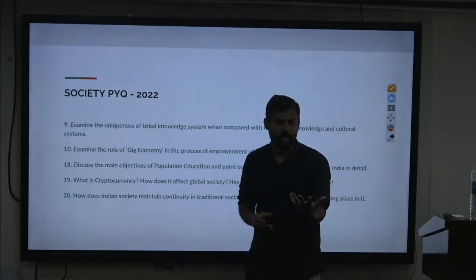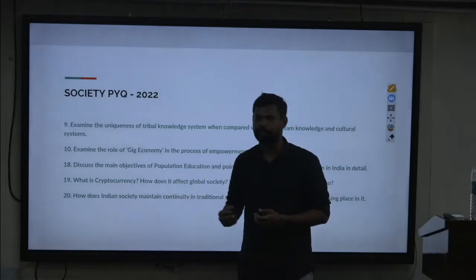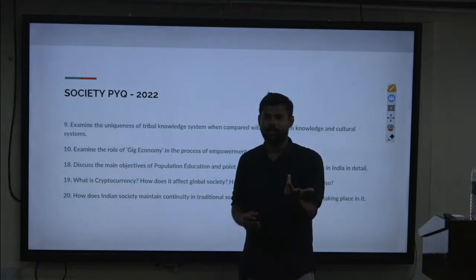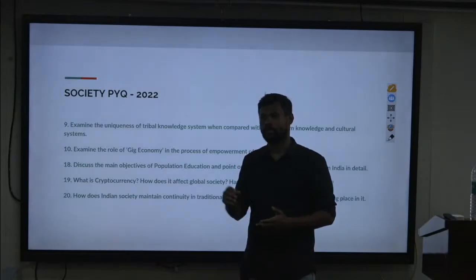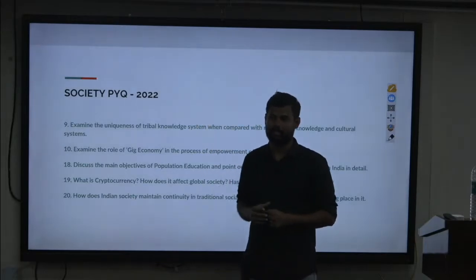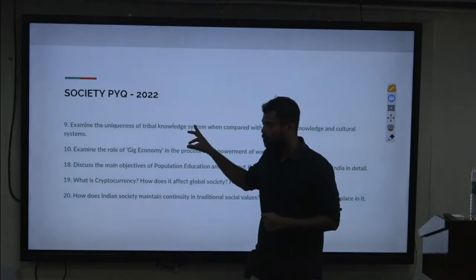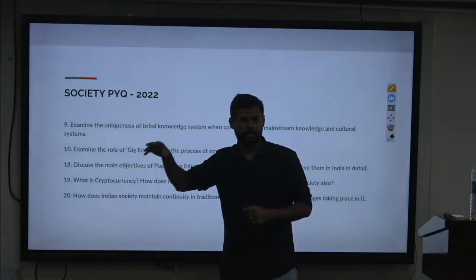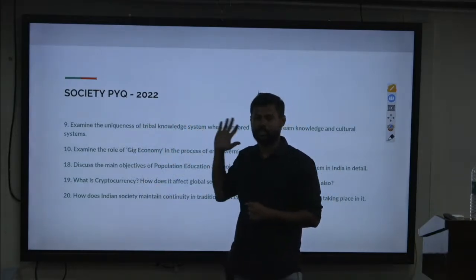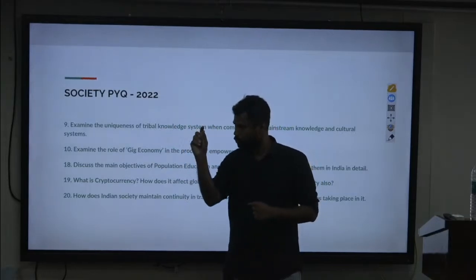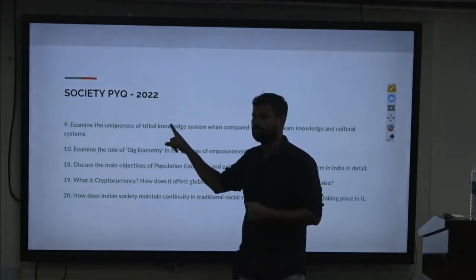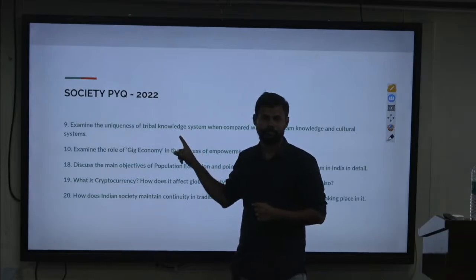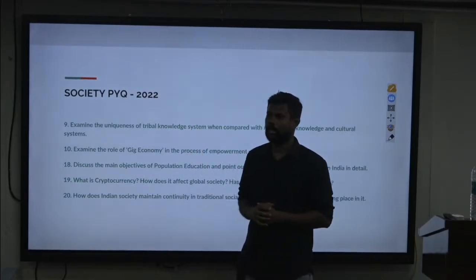How they transmit the knowledge not through classrooms but storytelling. Is whatever I am telling difficult? You know the answers. You don't try to seek books to know the answers here. Whatever characteristics you know about the tribals, bring the same characteristics and overlap it with this. The only change you will do is, instead of only talking about tribals, you will say tribal knowledge, tribal knowledge, tribal knowledge. So this is how you have to deal with.